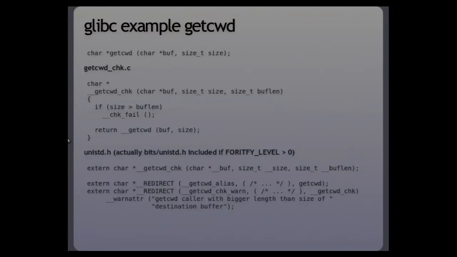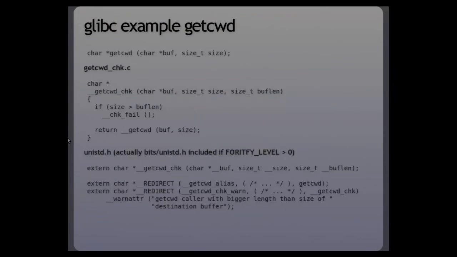What glibc will do is it has this function and says, I want to know what the buffer length really is, and if the size given by the user is bigger than the buffer really points to, then I fail, otherwise I give you the current working directory.